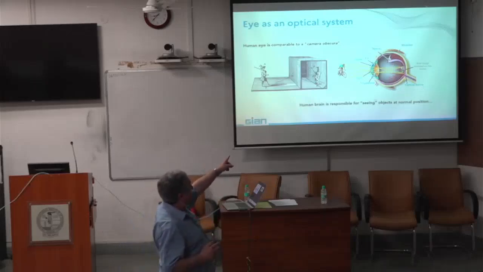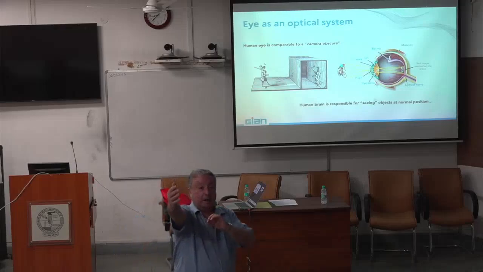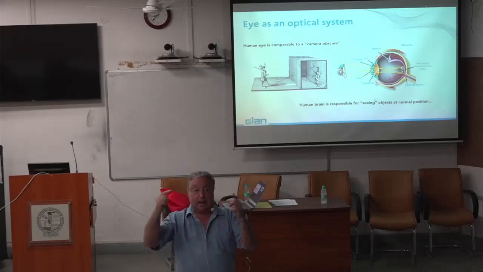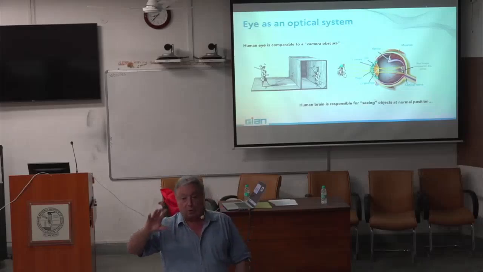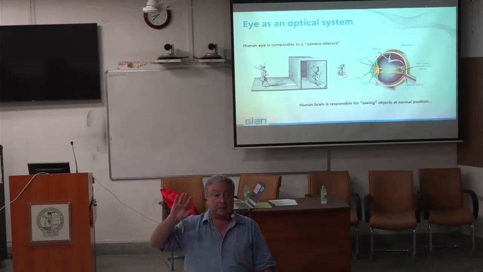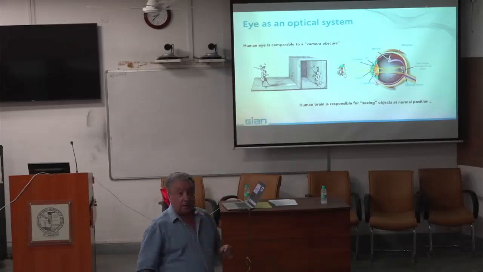In fact, you have a small hole, you have an object, and the light passing through the small hole will create an image, plus or minus precise, at a given distance from the object.